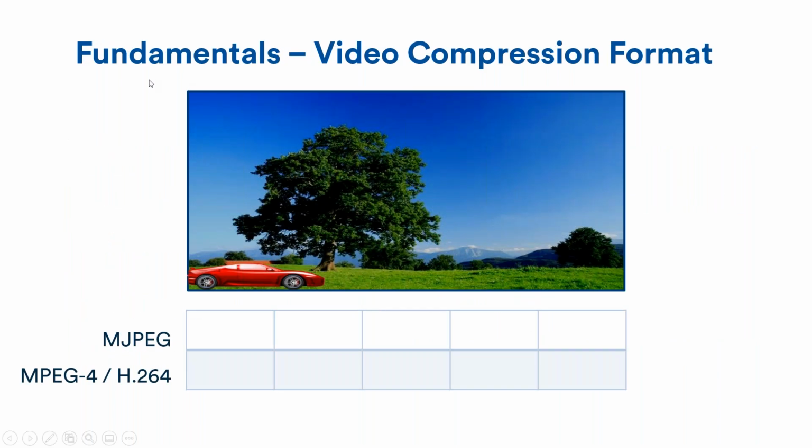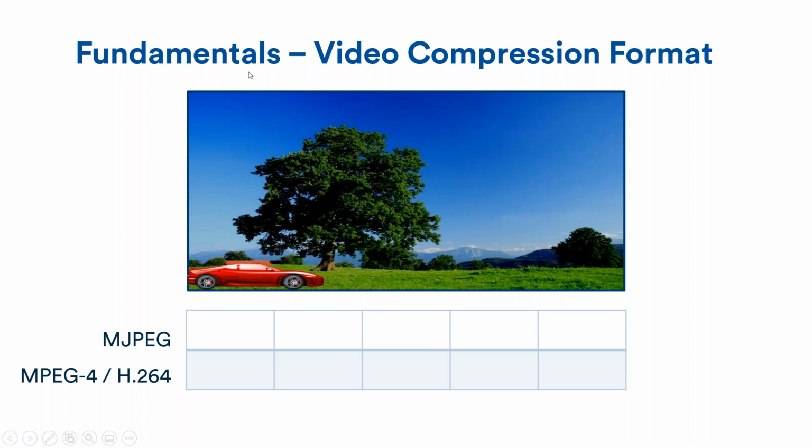So one thing to talk about as a basis when we're talking about system design is video format, because it's very important in calculating your storage and bandwidth. So just a quick tutorial on video compression.